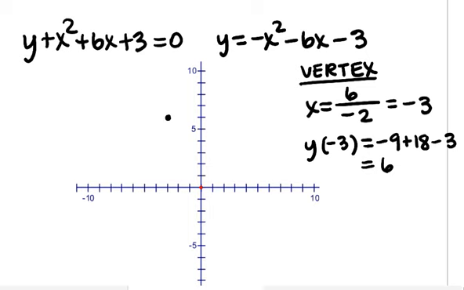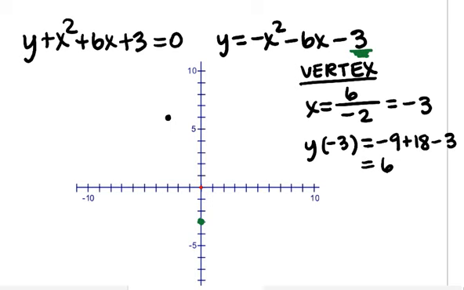Okay, I know because of this negative x squared, the parabola is going to open downward. But if I was unsure about that, I'm going to plot the y-intercept. y equals negative 3. So here we are. It's negative 3. And it seems I went 3 to the right of the vertex to plot (0, negative 3).